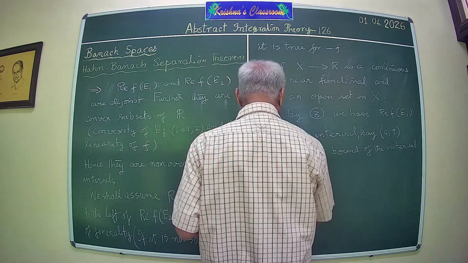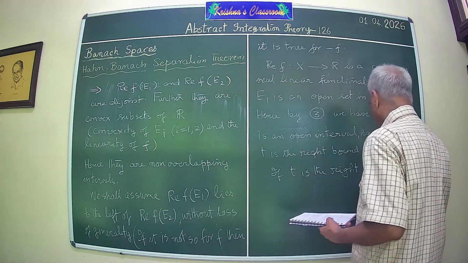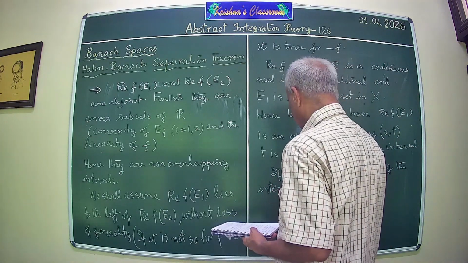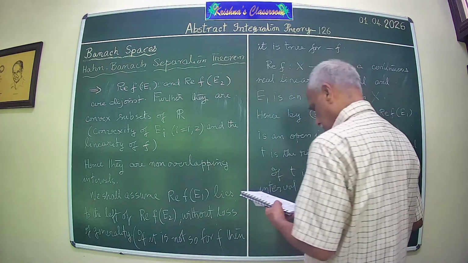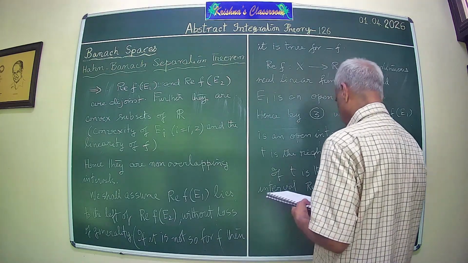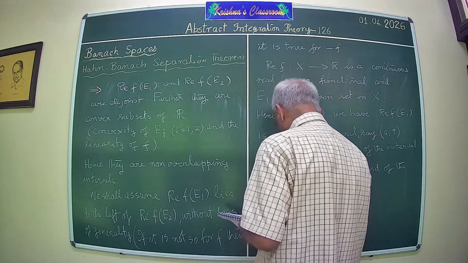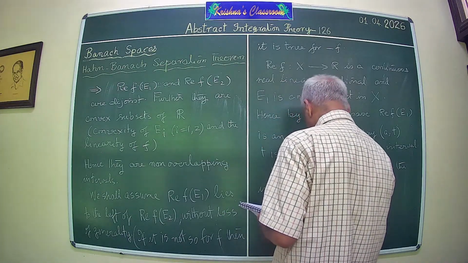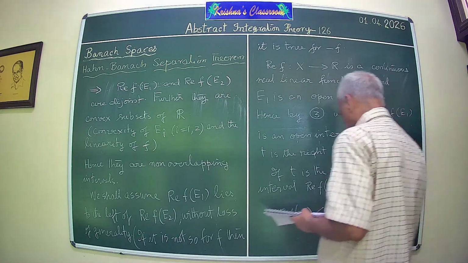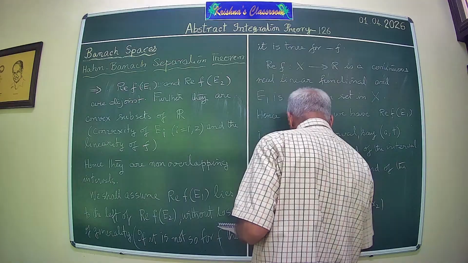If T is the right end of the interval, then we have real f of x1 less than T, which is at most real f of x2, for x1 in E1 and x2 in E2.